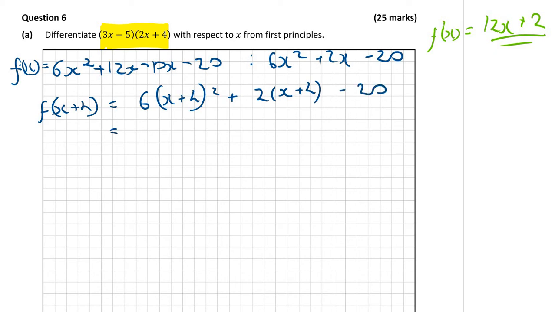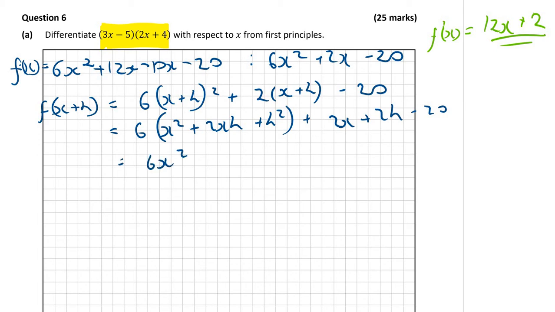So we just expand that out. That's going to be 6 times x squared plus 2xh plus h squared plus 2x plus 2h minus 20. That gives us 6x squared plus 12xh plus 6h squared plus 2x plus 2h minus 20.